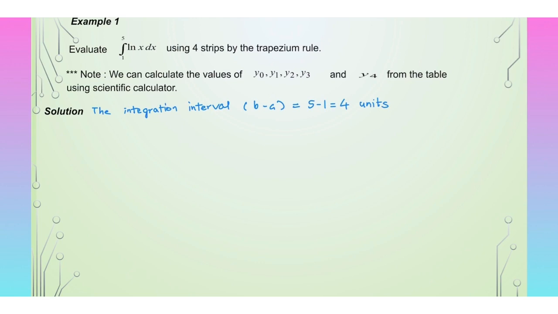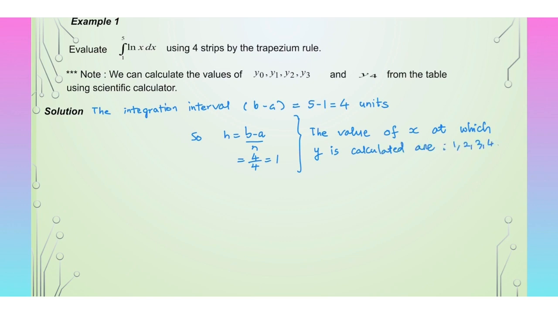The integration interval is b minus a, that is 5 minus 1, which is 4 units. So h is b minus a over n, so we have 4 over 4, which is 1. The values of x at which y is calculated are 1, 2, 3, 4, 5.